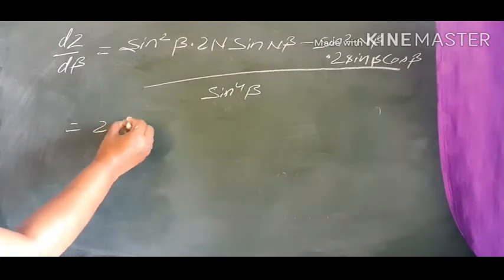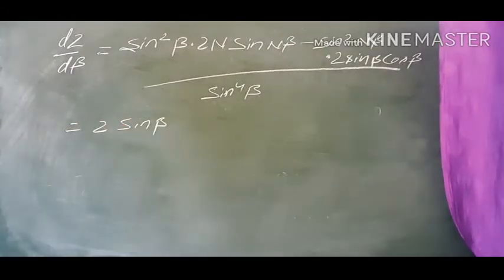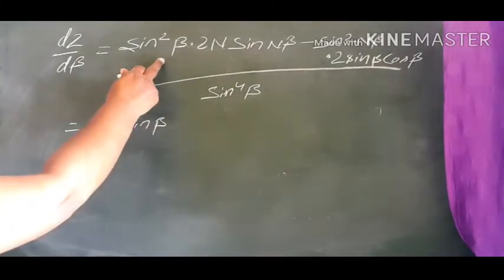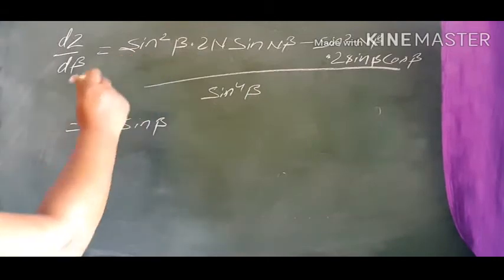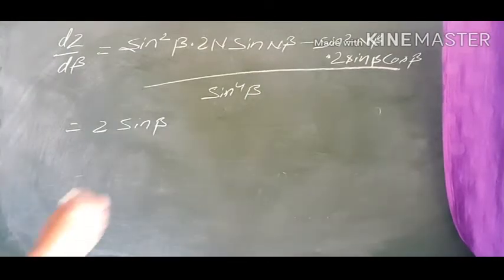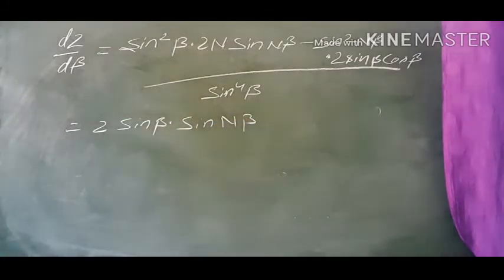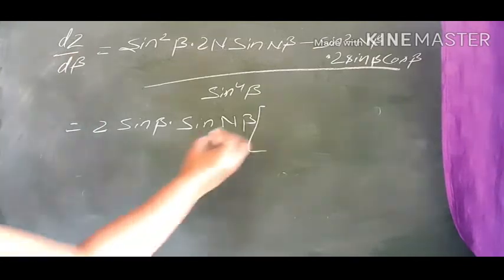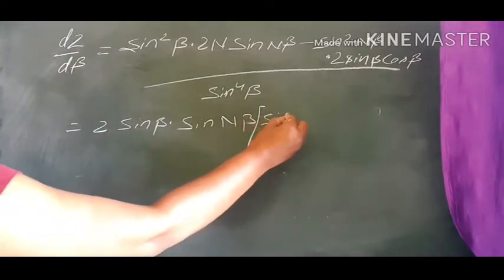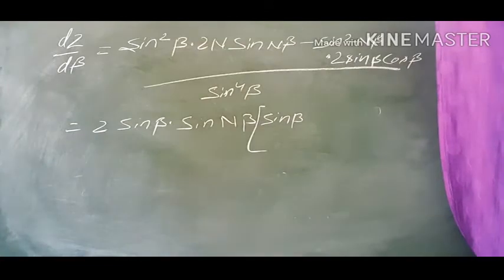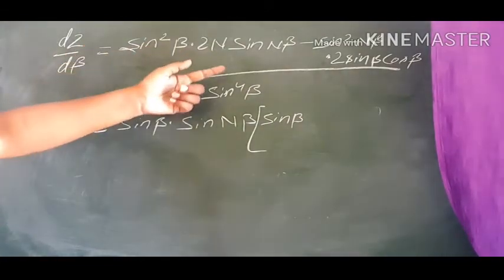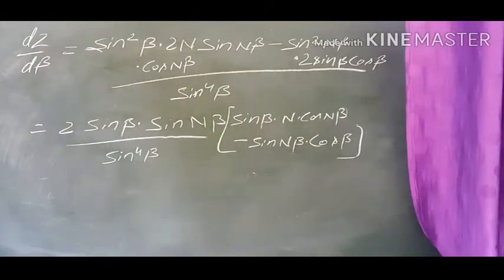2 sin beta, and sin n beta is also common, and inside the bracket the remaining terms are sin beta.